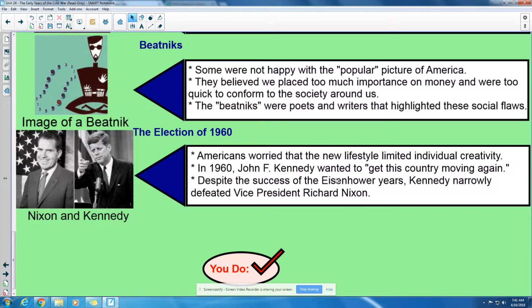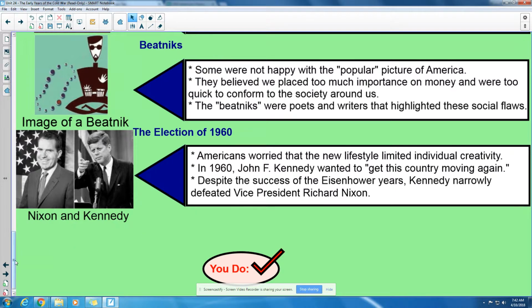Despite the success of the Eisenhower years, and they were successful in most measurable ways, Kennedy, a progressive Democrat, is able to narrowly defeat Eisenhower's Vice President Richard Nixon in the presidential election of that year. And America is going to enter the 1960s with a very different view on our own domestic situation and the world as a result of Kennedy's election.